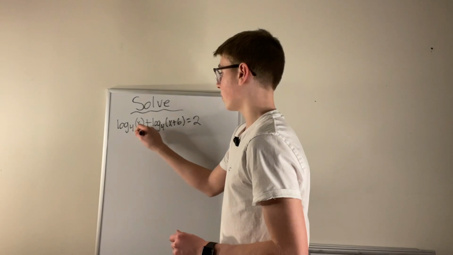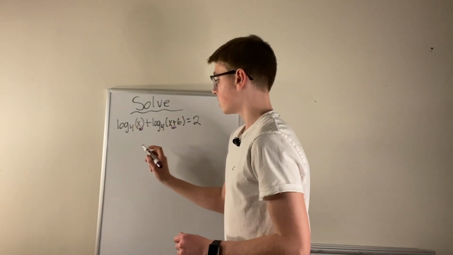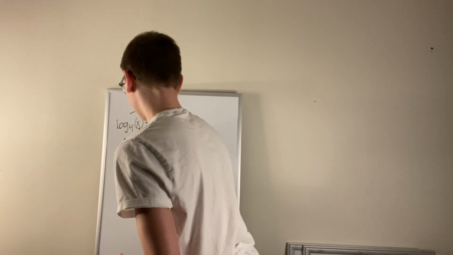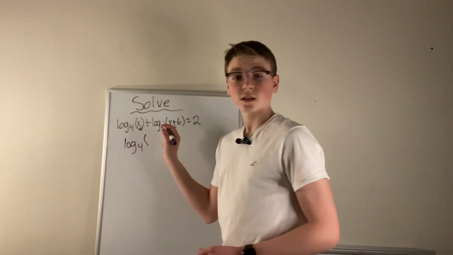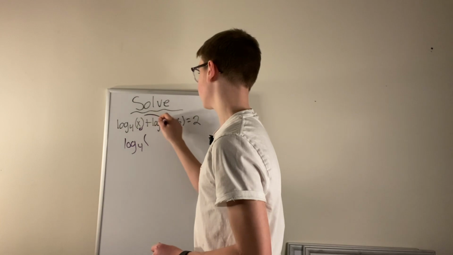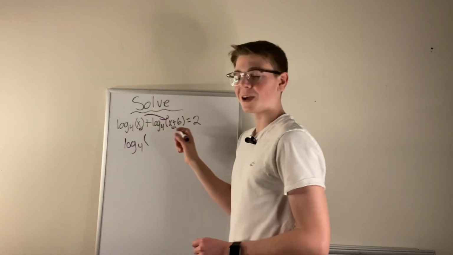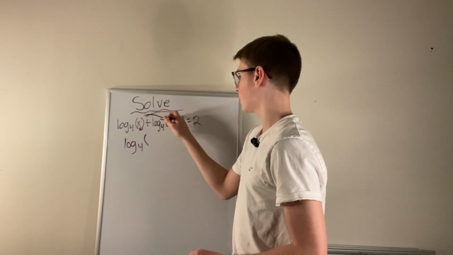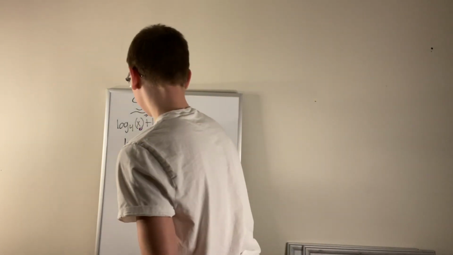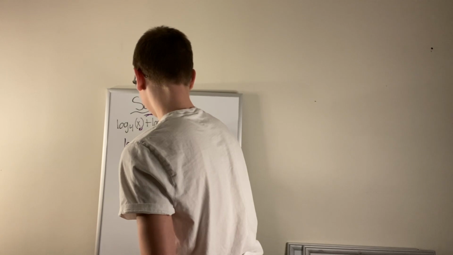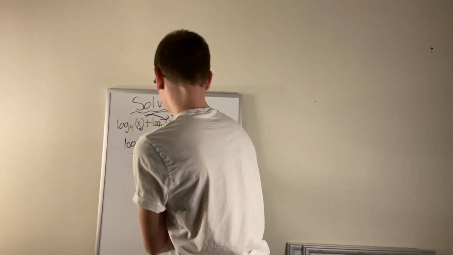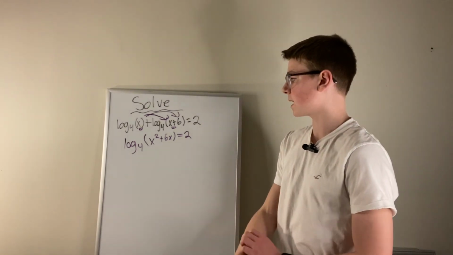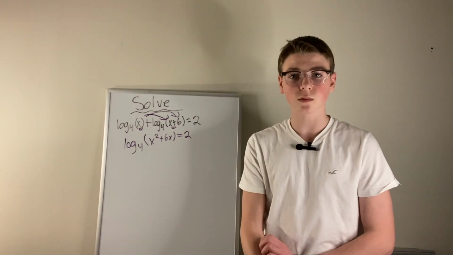So you're multiplying whatever this number is and this number. So we can simplify this to log base 4 of x times x plus 6. x times x plus 6 is x squared plus 6x. So log base 4 of x squared plus 6x equals 2.